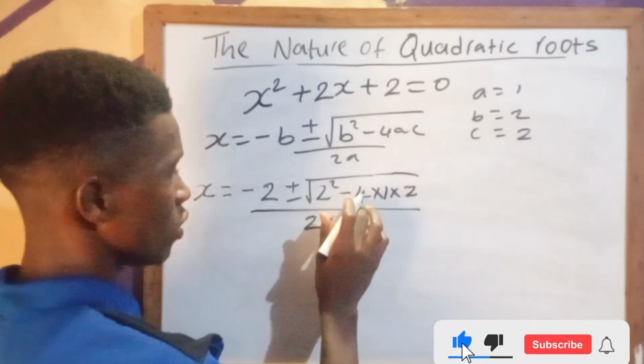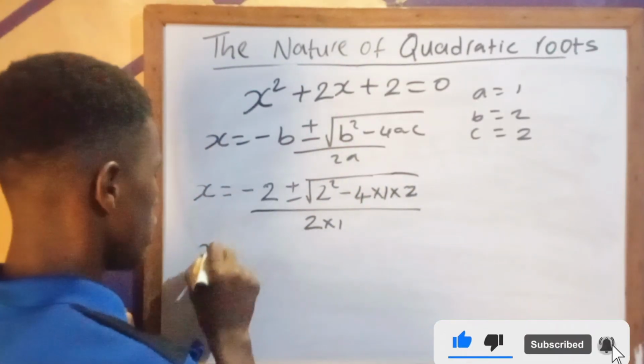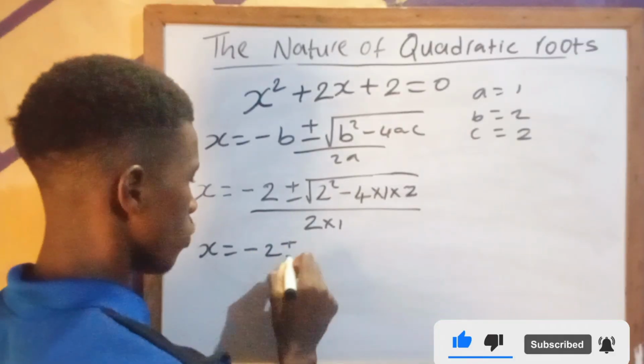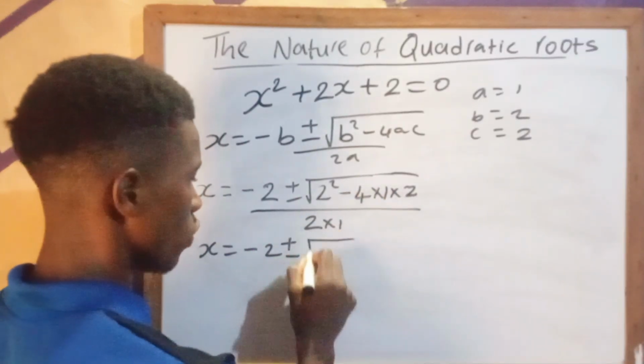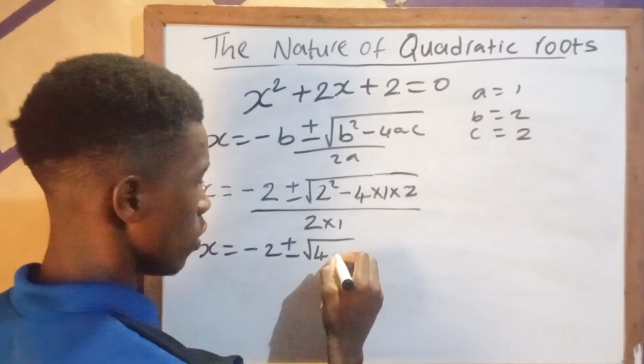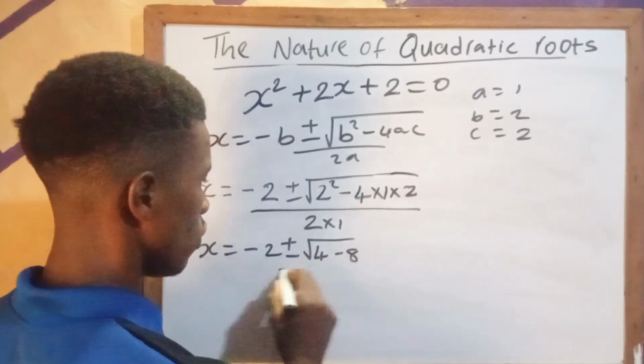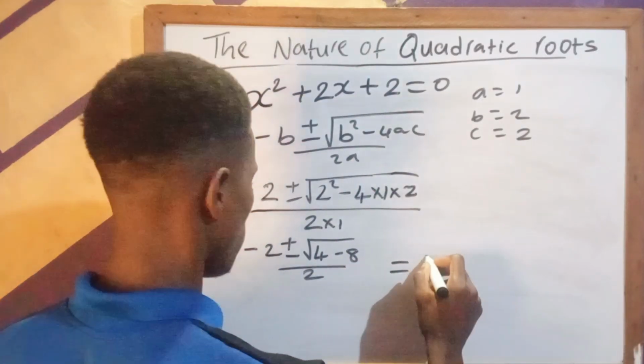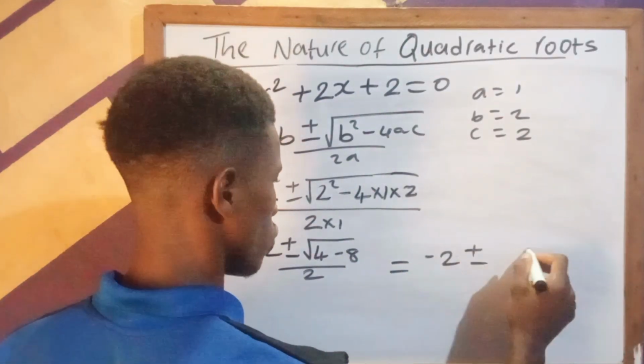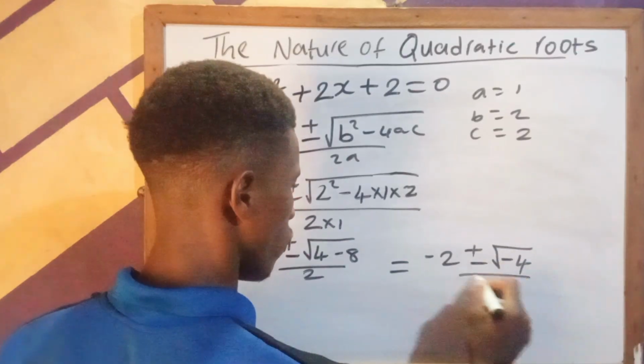We could skip this since we already solved it in the discriminant, but let's do it for clarity. So x equal to minus 2 plus or minus square root of 4 minus 8 over 2. So this means minus 2 plus or minus square root of minus 4 over 2.